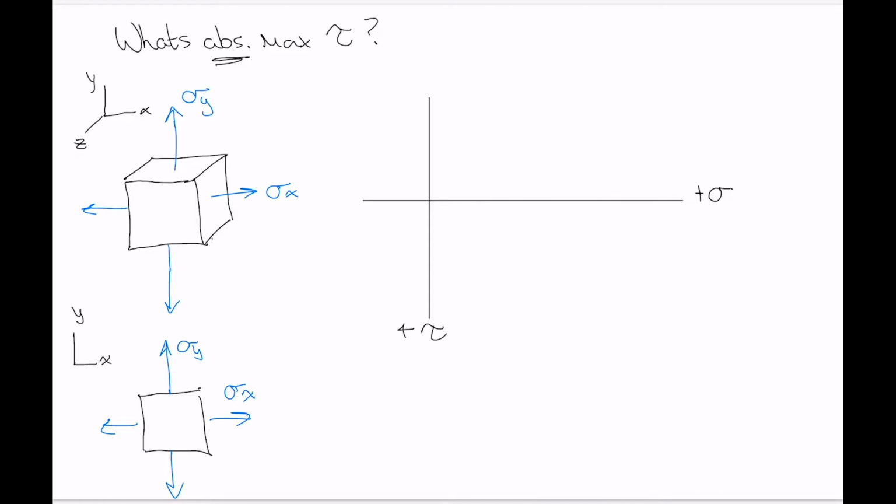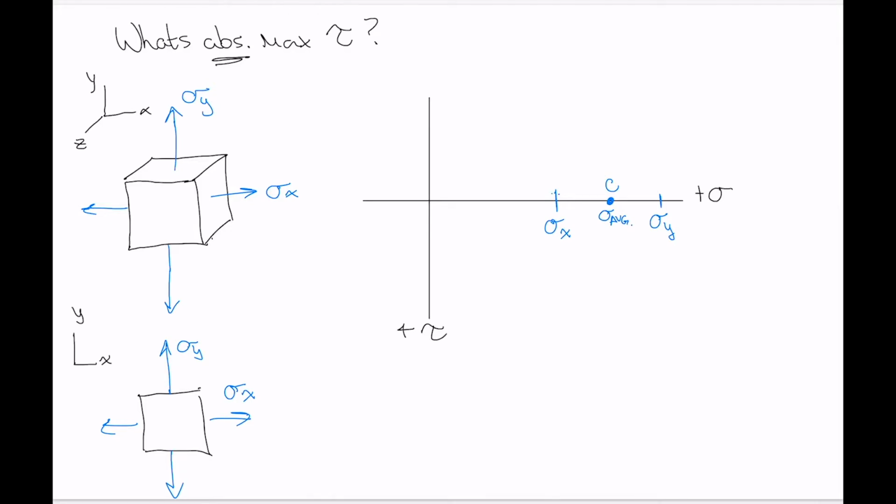And you'd calculate what the average normal stress was, and that's something in between sigma Y and sigma X. So if sigma Y is this value, and let's say sigma X is maybe this value here, then the average normal stress is the average of those. So it's located right in the middle. So there's our location for the center of the circle C, and this is sigma average.